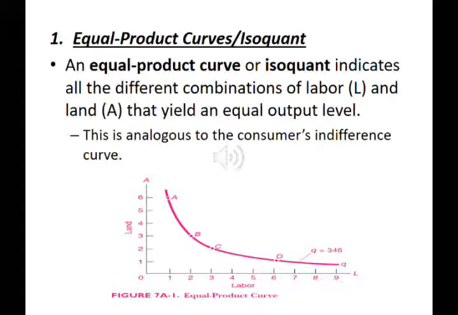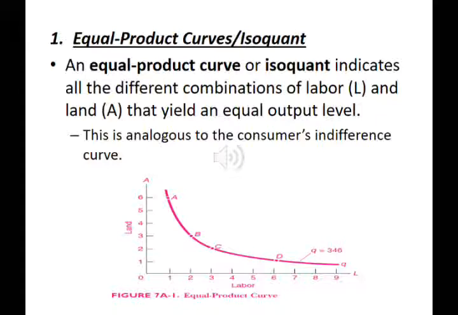Why? Because it has different points. Each point represents a different combination of labor and land required, and they all share one property, which is that they yield the same level of output, or an equal level of output, which is Q equals 346.